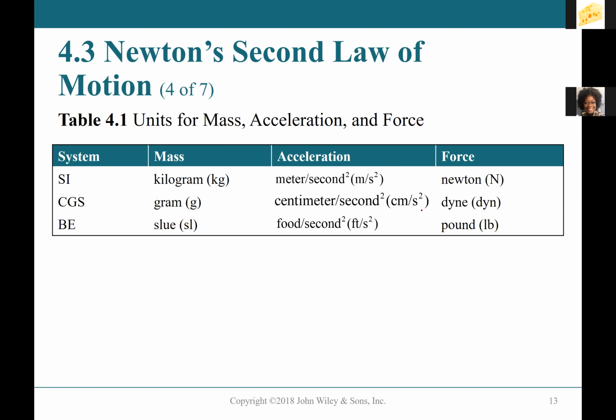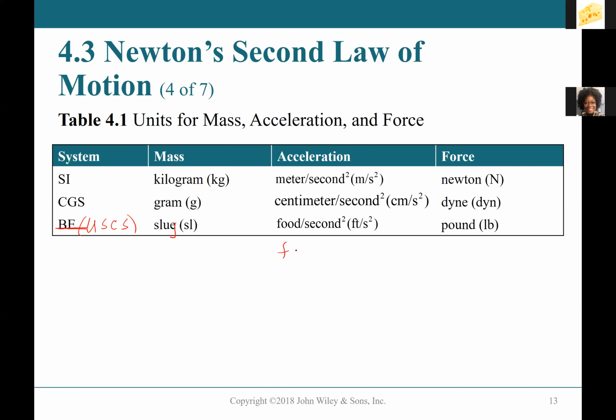Then we have the British system, sometimes called the US customary system, that we use here in the US. And the mass is in slugs. I'm not sure why it has that U. The word is slug. And acceleration is foot per second squared. Wow, he's got a lot of misspelled words here. He got food. Can you believe that? Food per second squared. Okay.